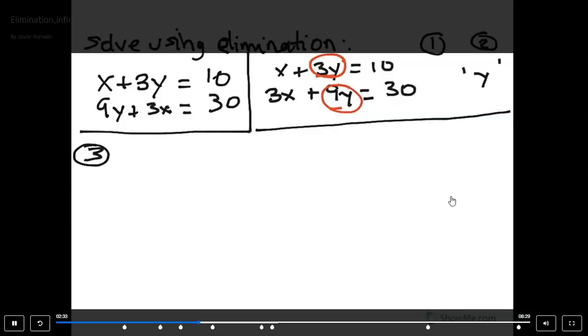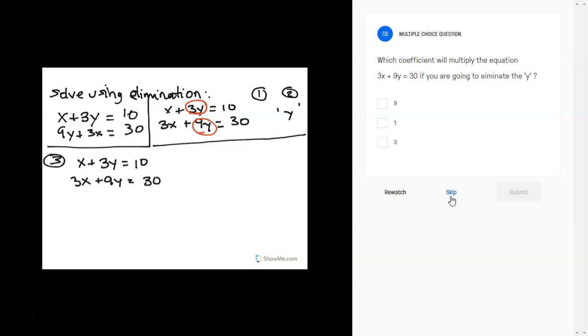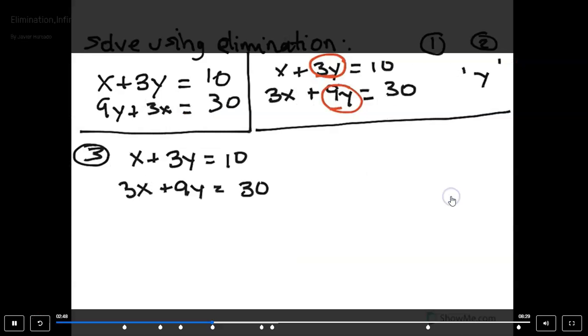So what I mean by this is I'm going to write my system: x plus 3y equals 10, and then 3x plus 9y equals 30. Now the step says write the coefficients of the variable that you want to eliminate.